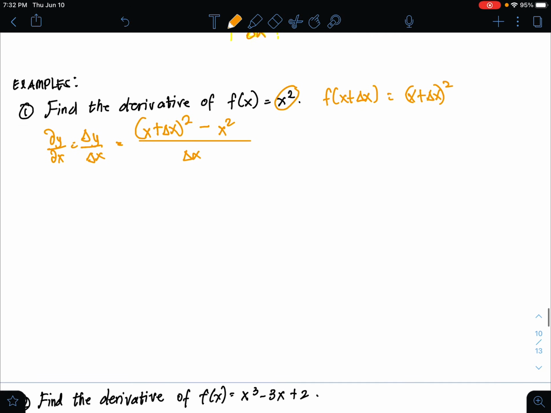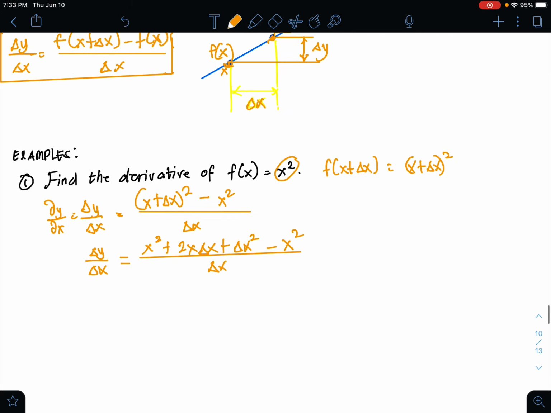What's the next step? The next step is to expand: x squared plus 2x delta x plus delta x squared minus x squared, all over delta x. Okay?